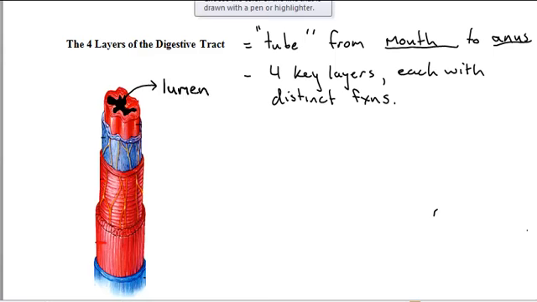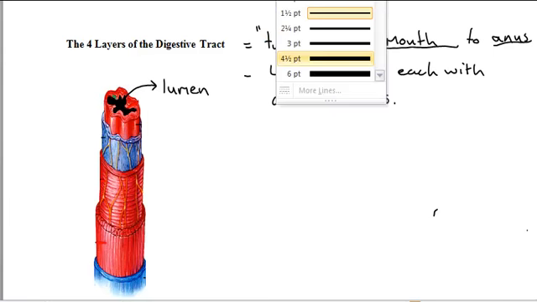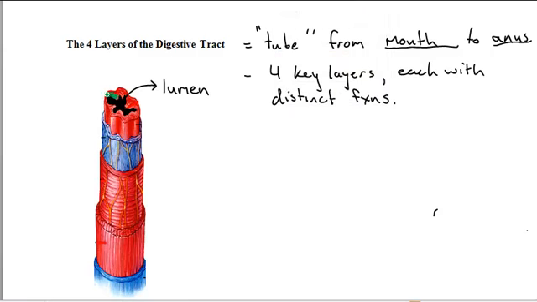And then I'm going to recolor these things to help clarify what's what. The next layer out, better make it thicker. This is the first layer in contact with the food in the lumen.